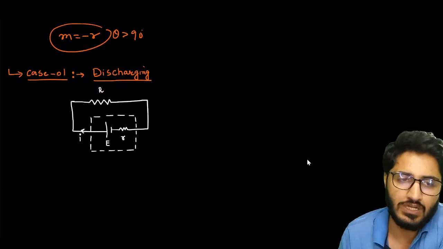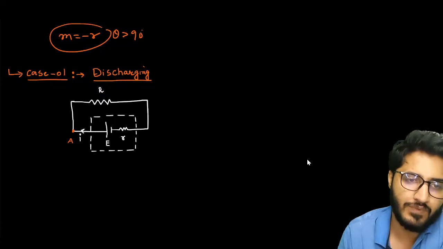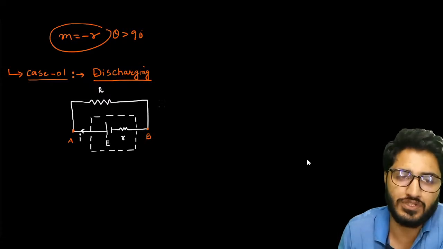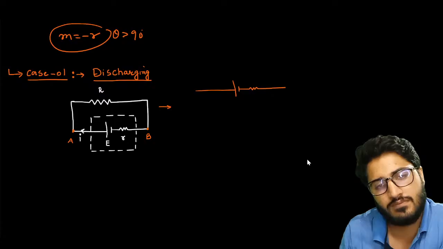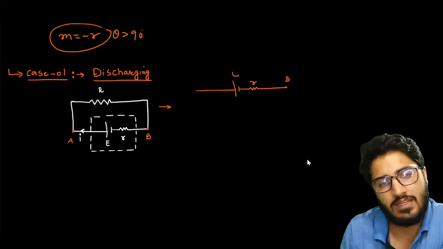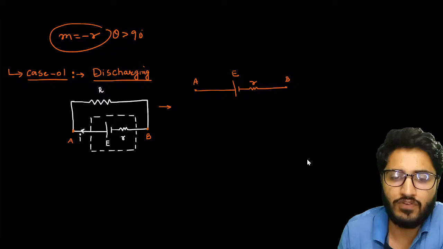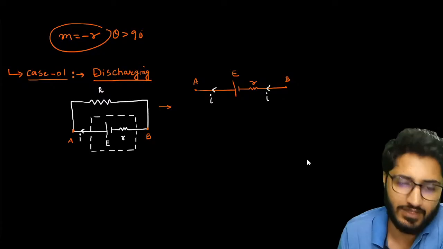Now suppose this point is A and this point is B. Let's extract this portion and write it like this: point B, r, E, point A. If current I is leaving the circuit, current I must get inside the circuit.